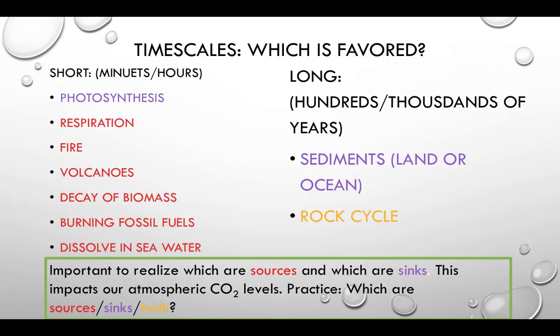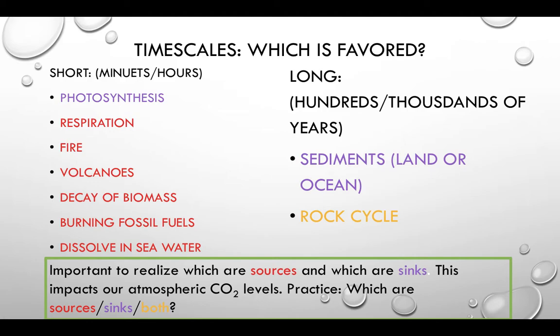Alright, so now that you've restarted the video, hopefully you did practice, what you notice are sources are in red, sinks are in purple, and the one that's both is in yellow. And what we start to notice is, look where all that red is. That red's on that short, and our sinks are not necessarily in there, and I kind of combined some of the sinks in terms of that sediment piece.